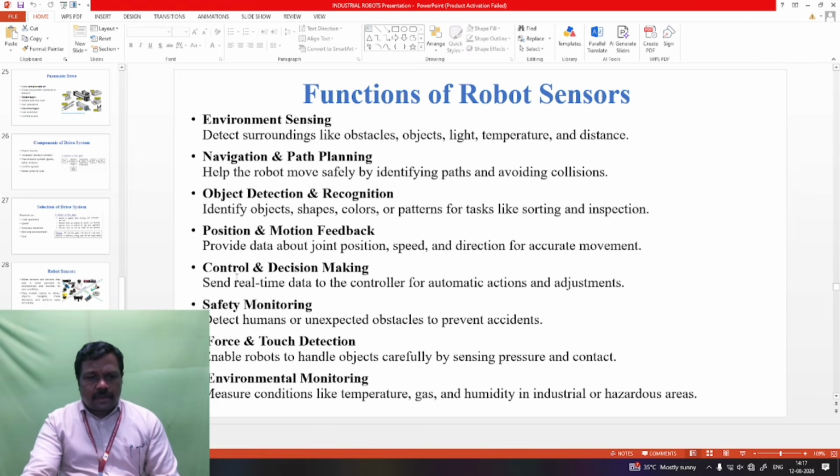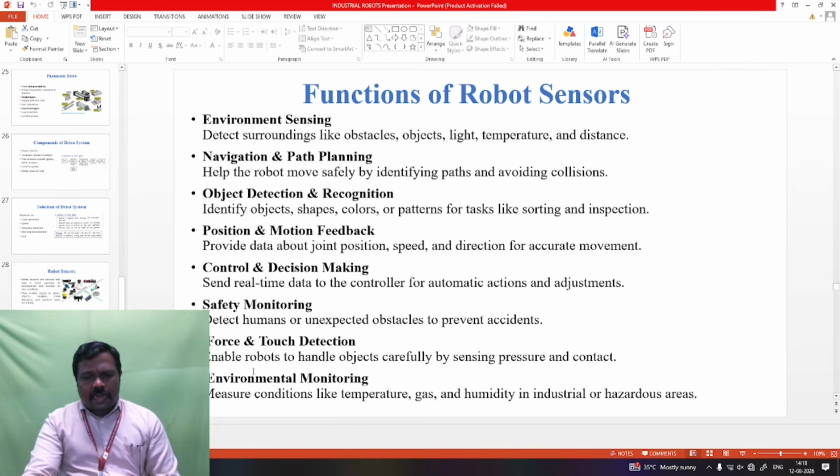Next point is control and decision making. Send real-time data to the controller for automatic action and adjustments. Then safety monitoring. Detect humans or unexpected obstacles to prevent accidents. Force and touch detection.